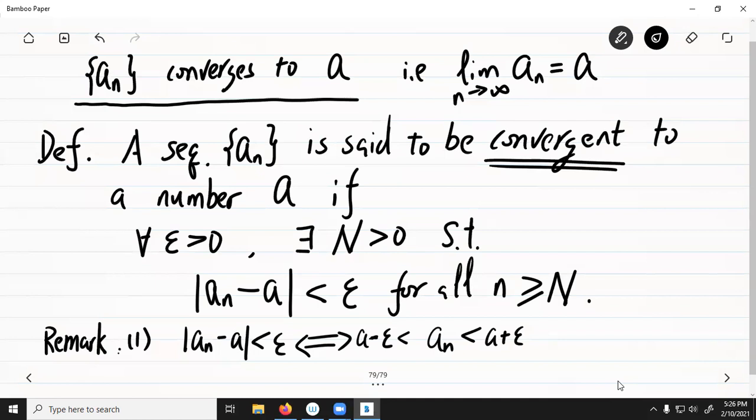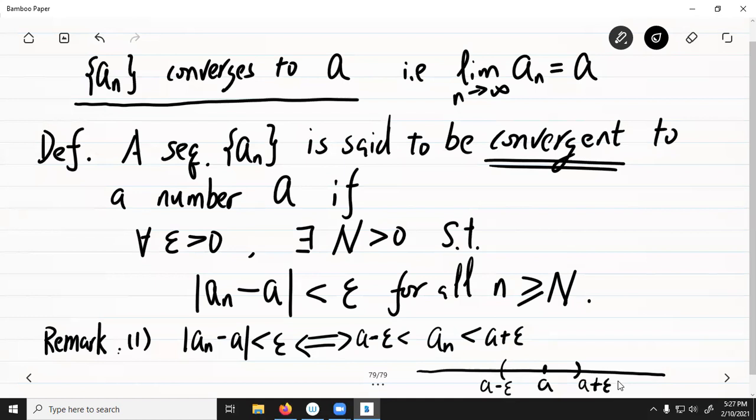From the graph, if this is A, this is A plus epsilon, and this is A minus epsilon.